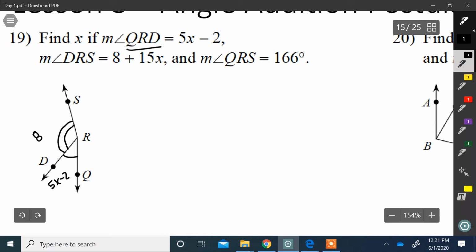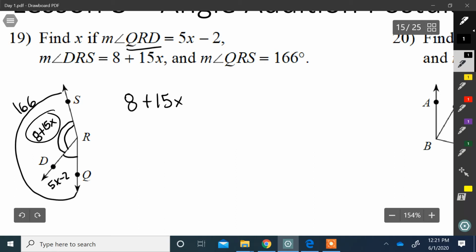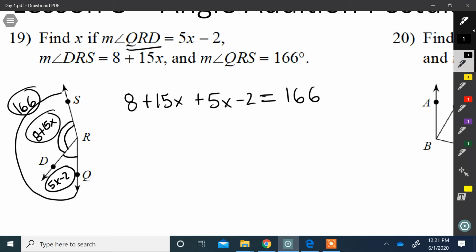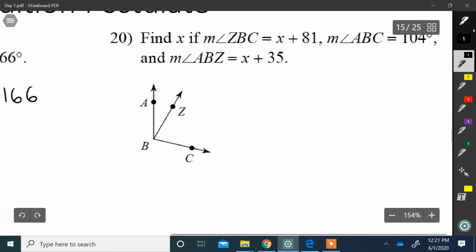That's 15x. And then we have QRS. That's the whole angle. The bigger angle is 166. So I would set it up like this: this plus this is equal to the bigger angle, which is 166. Okay, I'm just going to set it up. You guys can finish those on your own.